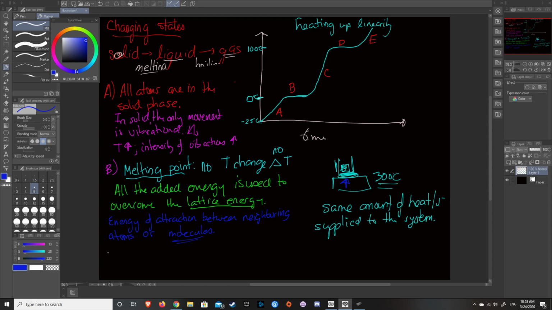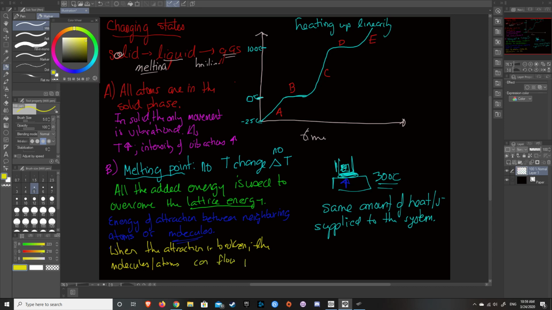So when you break that attraction, so basically, let me change the color to something brighter, when the attraction is broken, the molecules or atoms can flow past one another.